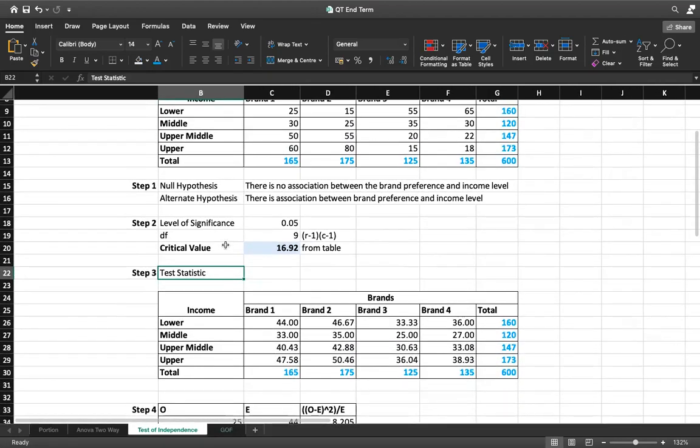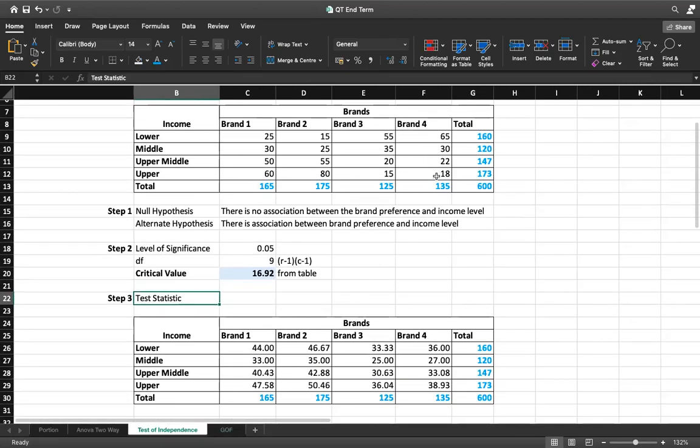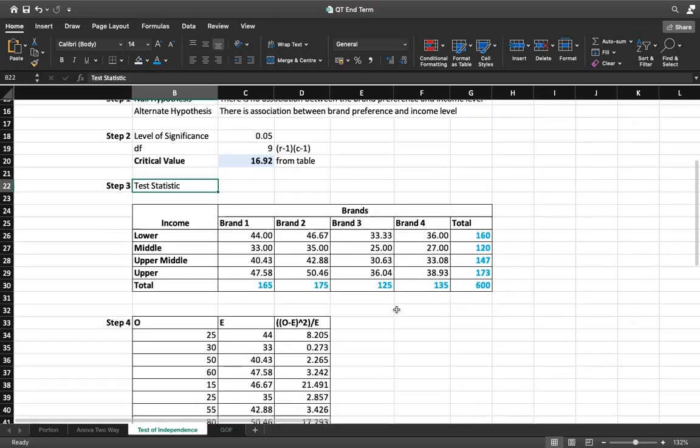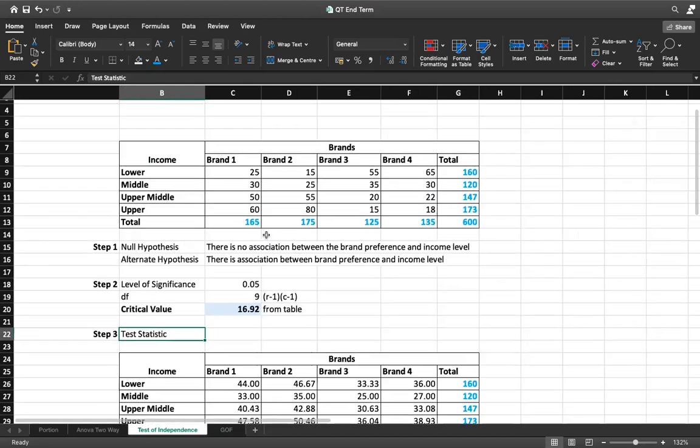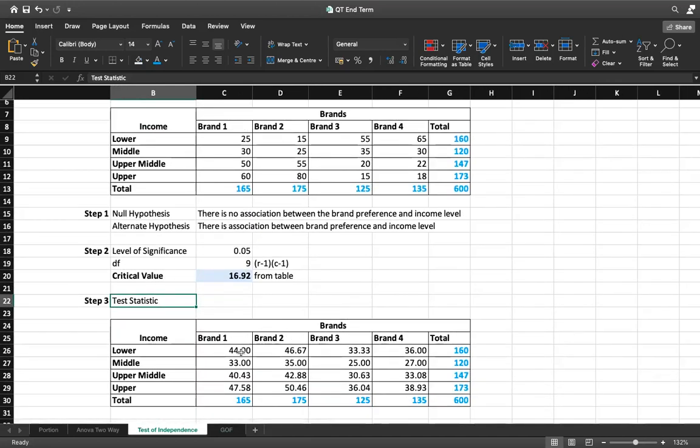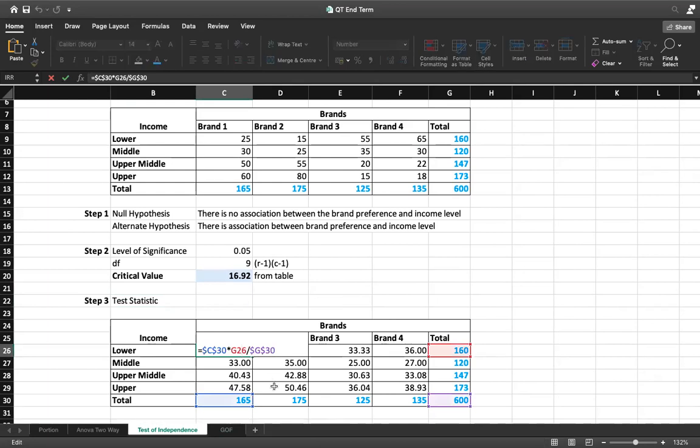So basically, the first thing I've done is I've copied this table where I found out the total and everything. Now, this table is basically this formula. You multiply your column total by your row total, and you divide it by the total sum of all the consumers.